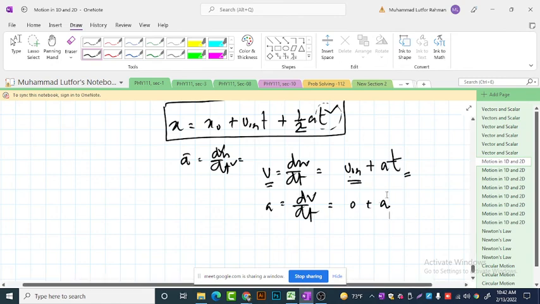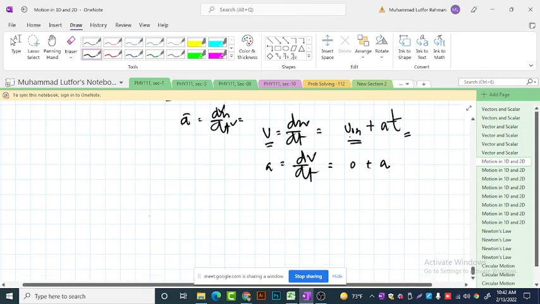What if the particle is moving according to this equation, x naught plus v naught x t plus, say, half of a t cube? It is not a constant acceleration.